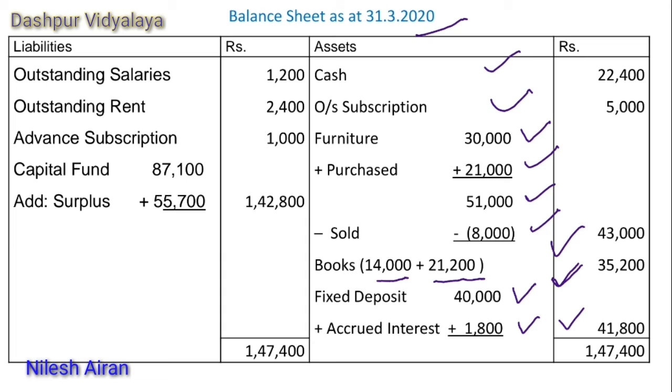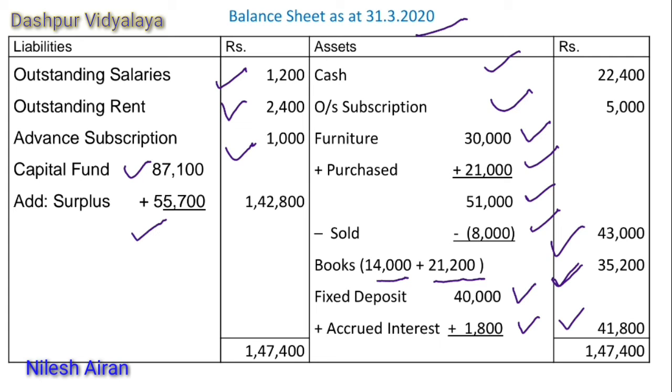In liability side we are given salaries rupees 1,200, outstanding rent 2,400, advance subscription what we have received for the next year, that will be recorded in the liability side. Then we are given here capital fund 87,100.